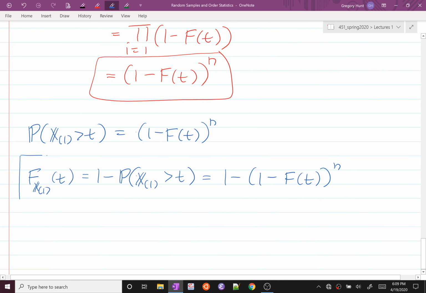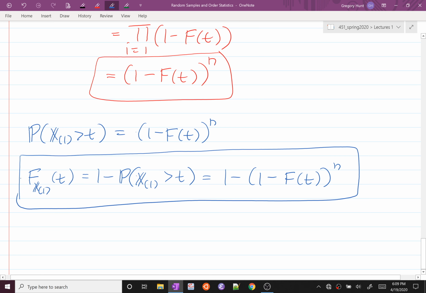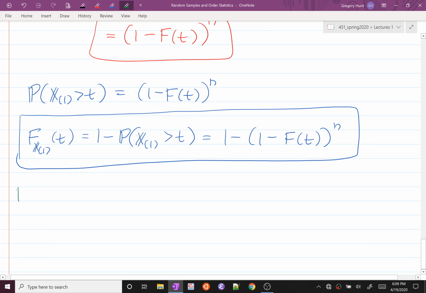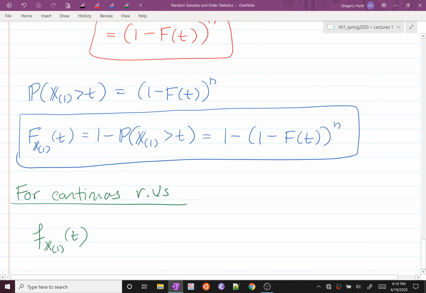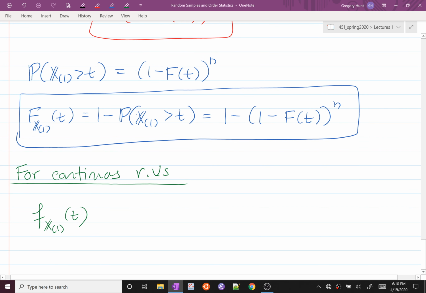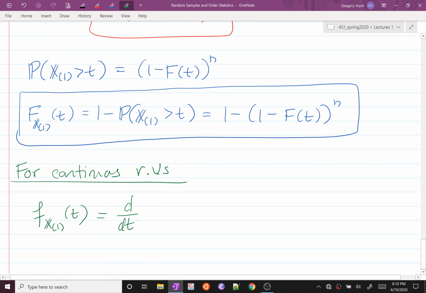Okay, so this is true for continuous, discrete, whatever we want. In the case of continuous random variables, now we have to make a caveat that what we're going to talk about now will only work for continuous random variables. If I want to get the actual PDF of my minimum, I know all I have to do is differentiate, well, let's just say d dt of my CDF.